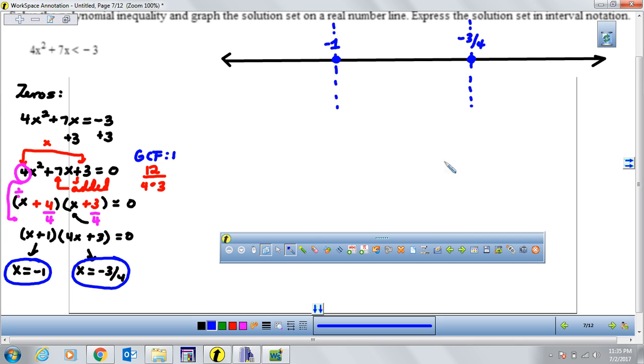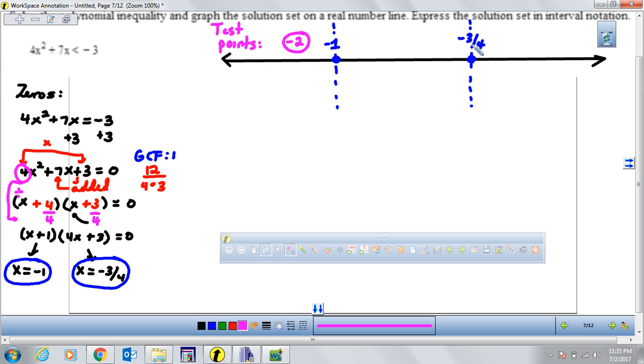Okay, so we need to take the test points, the numbers that we're going to test. So what could be the test point that we can use on the left side? Well, anything as long as it is less than negative 1. So I'm going to use negative 2. It could also be negative 3 or negative 4 or negative 5. Anything as long as it's less than negative 1. Now, on this one, anything between negative 1 and negative 3/4.